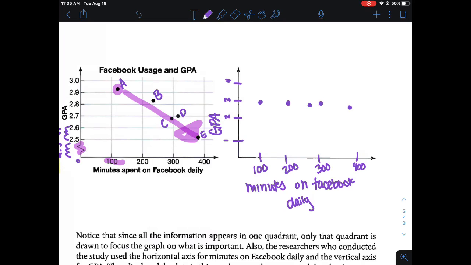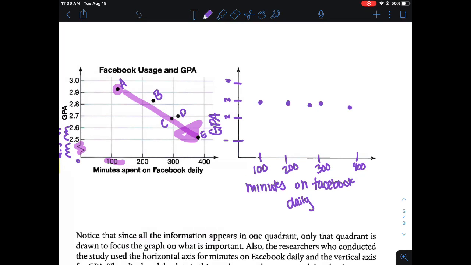Now, we need to comment on the impression the new graph gives about the relationship between GPA and time spent on Facebook. Well, if I'm looking at the original graph, the impression that's being given is that your GPA is going to drop significantly with the amount of time spent on Facebook. But if we rearranged our y-axis and increased the increments to 1, it really doesn't look like your GPA is being affected that much by the minutes on Facebook. If you spend 100 minutes on Facebook versus 400 minutes on Facebook, it really doesn't look like your GPA is changing at all.